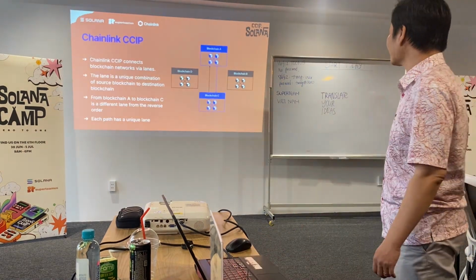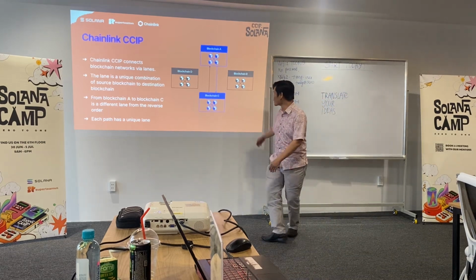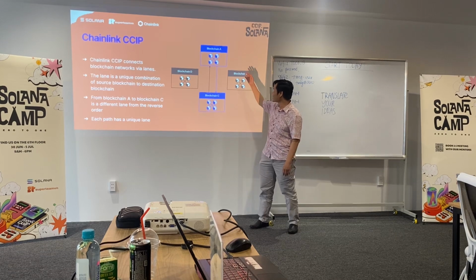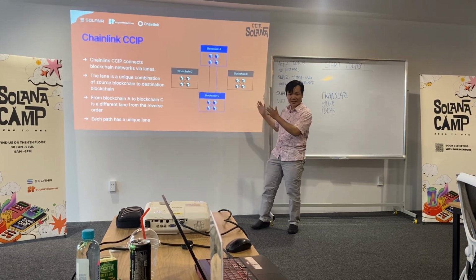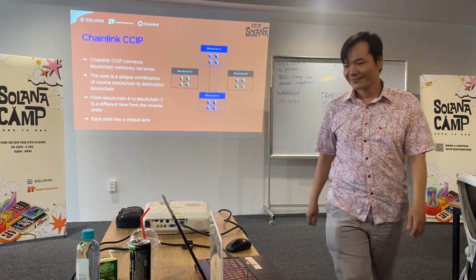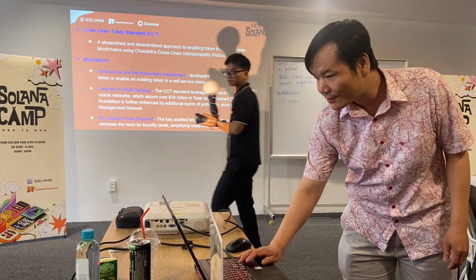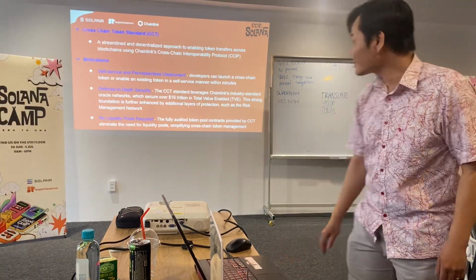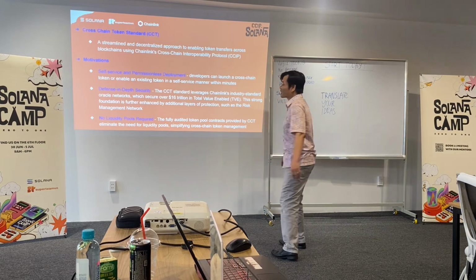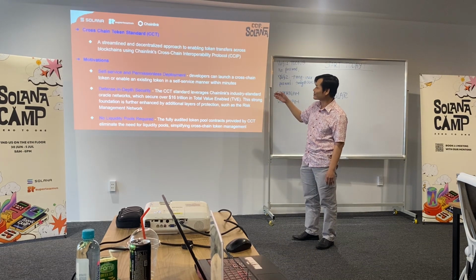Here is the diagram of a transfer. You see we have two lanes, because when we transfer an asset from blockchain A to blockchain C, we have two lanes. On EVM, we have a standard for cross-chain tokens, CCT.